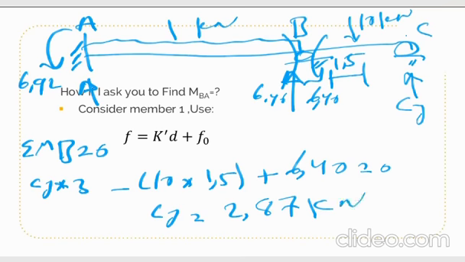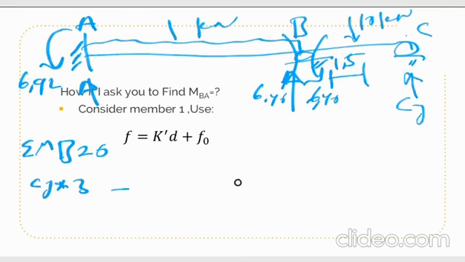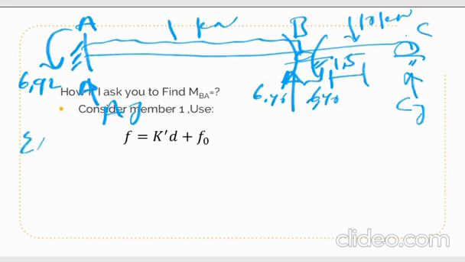Same way, we can find the support reaction at A, let's call it Ay. Same way, summation of moments at point B equals 0.